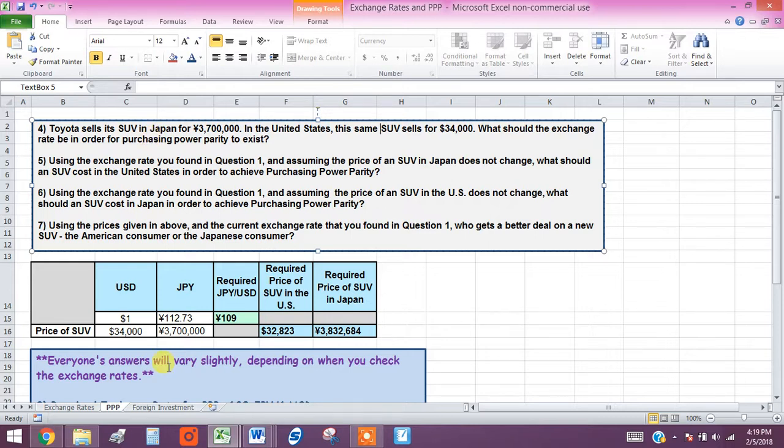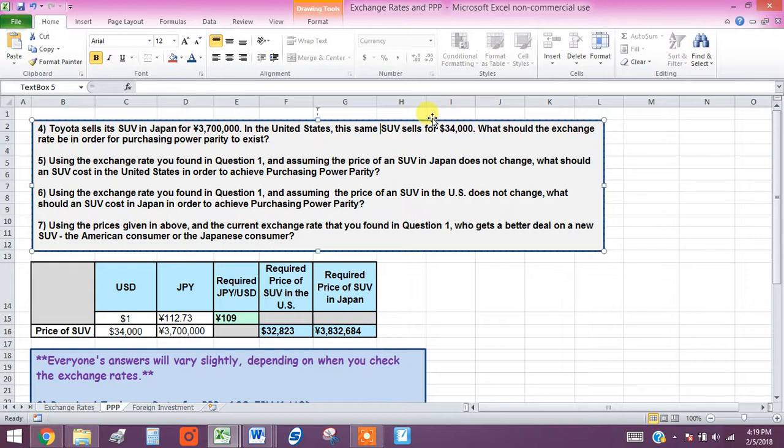So this is what you are building right here, okay? So how do we get that? Well, we want to figure out what the exchange rate should be, okay?